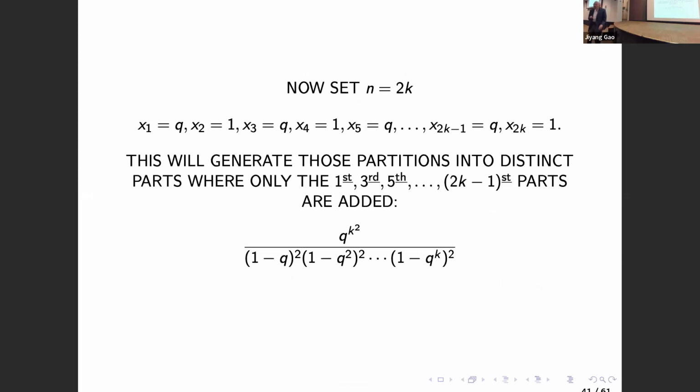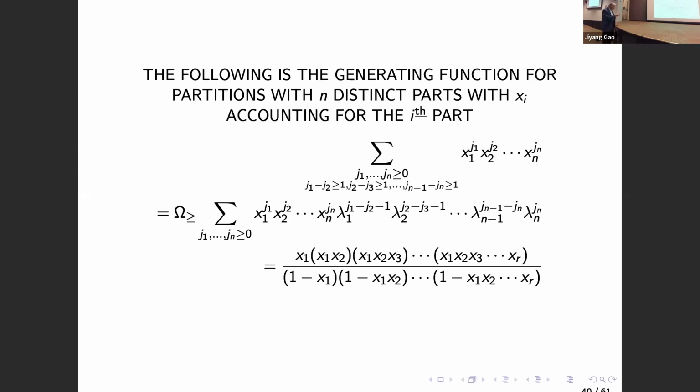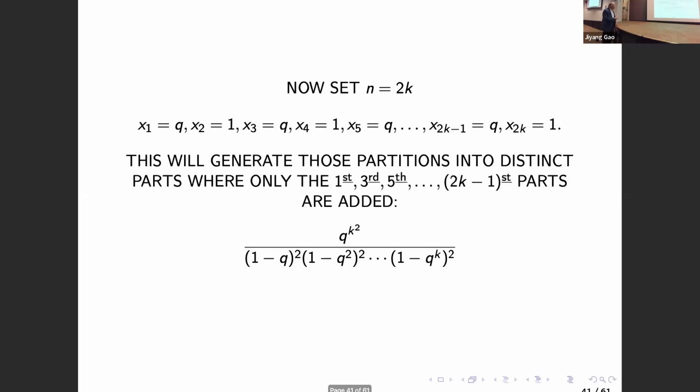Since we were dealing with distinct parts where the last one was greater than or equal to 0, we're dealing with summands where there are either 2k or 2k minus 1 parts. So the result of that substitution into this expression is this, and this is a very familiar form.